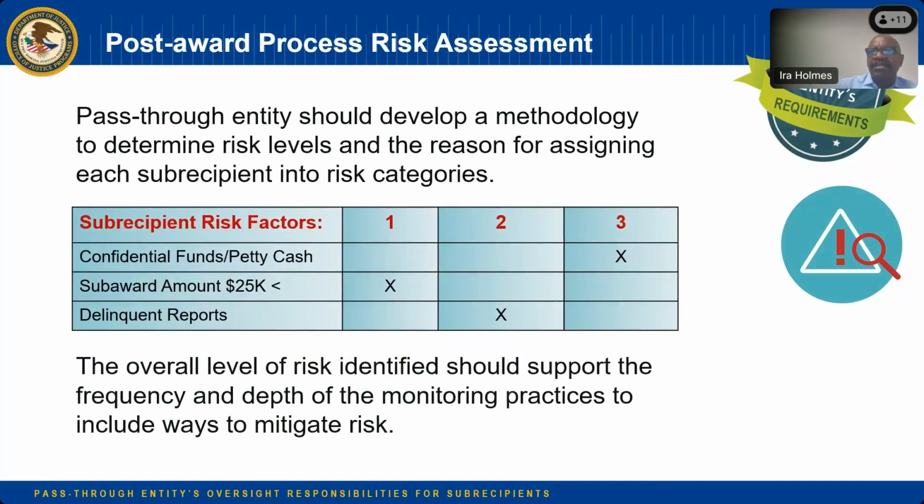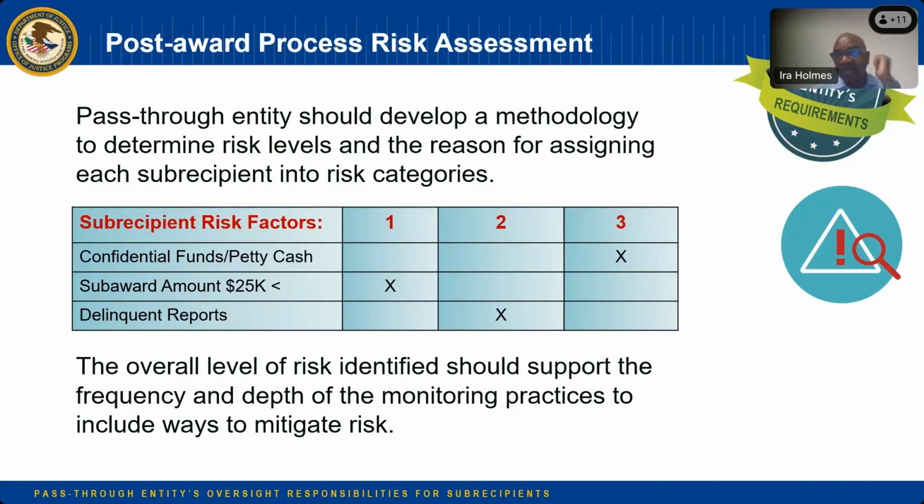Here's a scoring system. That's a simple one. You measure these risk factors, and let's say we assign them a score of 1, 2, 3. Let's say 1 is low, 2 is medium, and 3 is high risk. If the award is confidential funds, the award is petty cash, we'll assign that a risk factor of 3.